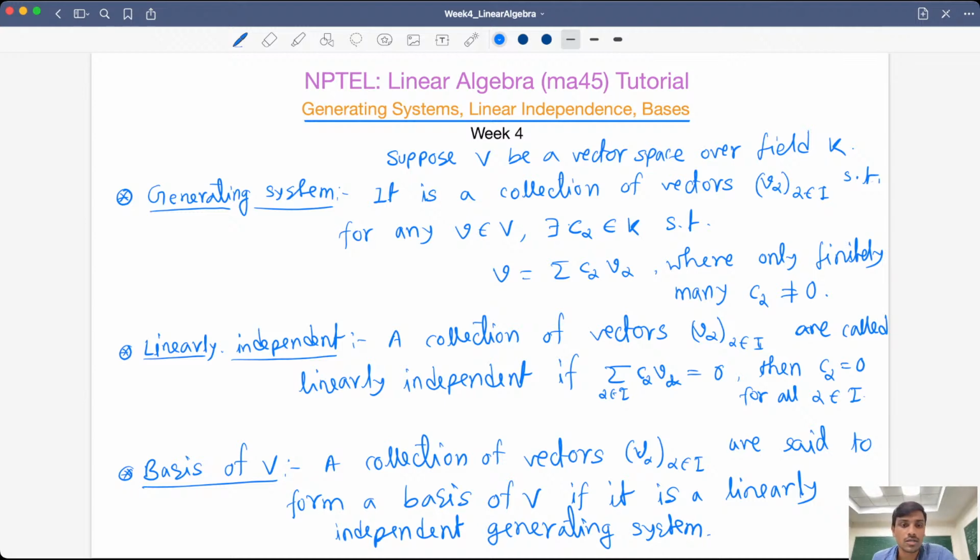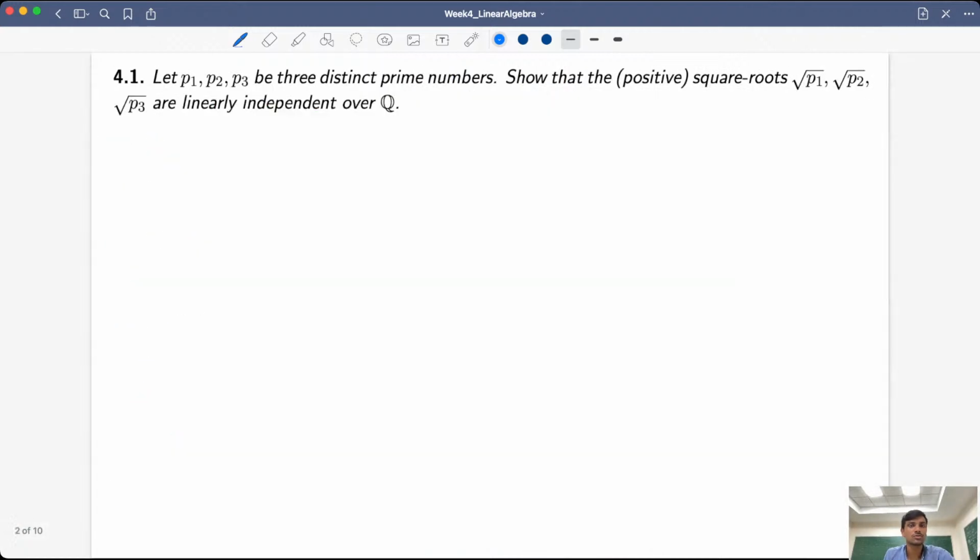So then let's go to the first question. Suppose you have three distinct prime numbers p1, p2, p3. Prime numbers are natural numbers such that the only divisors of them are 1 and themselves.